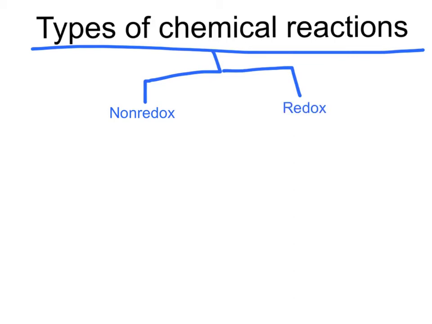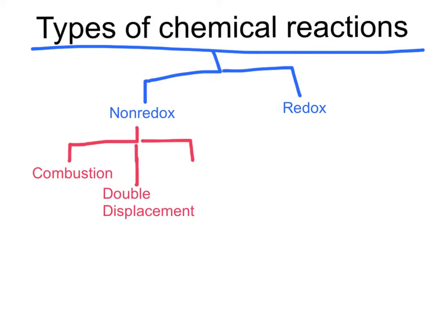Let's take the non-redox side and see what happens to it. Non-redox will break down into combustion, double displacement, and decomposition. On the other side, we've got redox, which includes combination, or what I called earlier synthesis, meaning putting together, synthesize. Combination is the same thing.